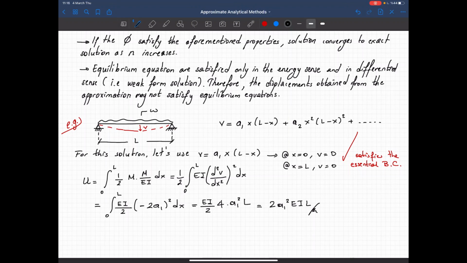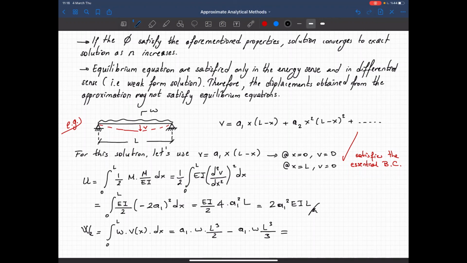Now the external energy, it's the work done by the uniformly distributed load. So again, I have to integrate it. W is constant, V is V(x) times dx, and when you evaluate that, we have A1 W L cubed over 2 minus A1 W L cubed over 3.